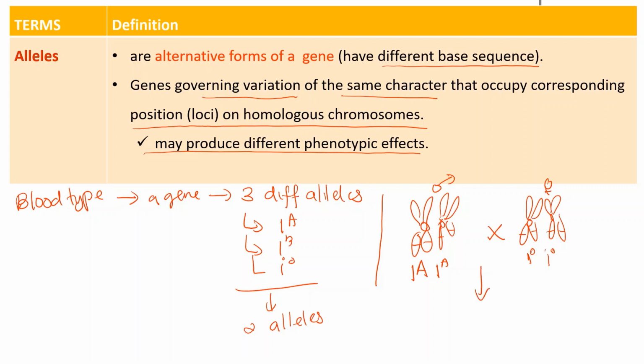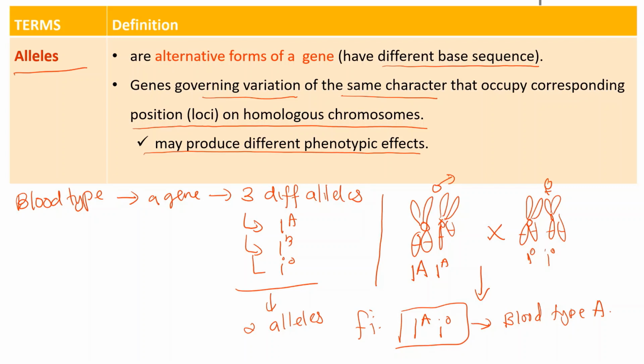So this produces offspring, or the children will have genotype IA, IO. So the phenotype of the offspring will be blood type A.